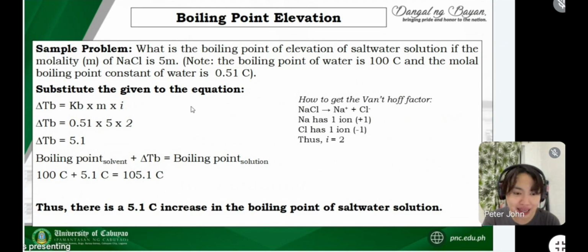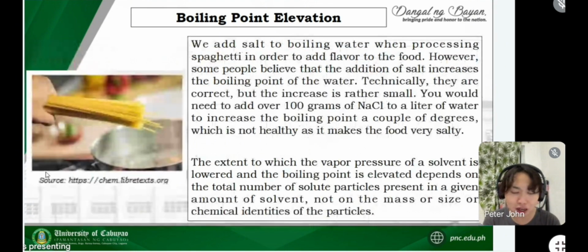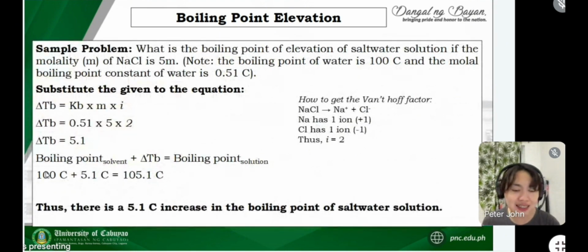Ibig sabihin, ang gagawin lang natin is pag-i-add na natin siya sa standard temperature of the solvent, which is 100 degrees Celsius plus 5.1 degrees Celsius, which is, sabi natin, boiling point elevation na nakuha natin kanina, which is 105.1 degrees Celsius.